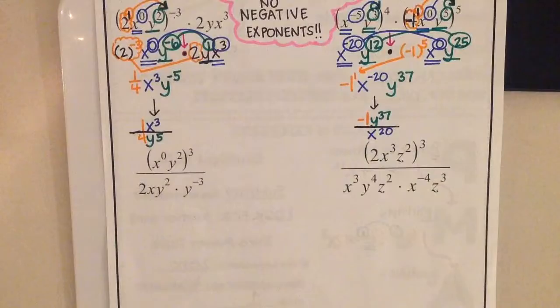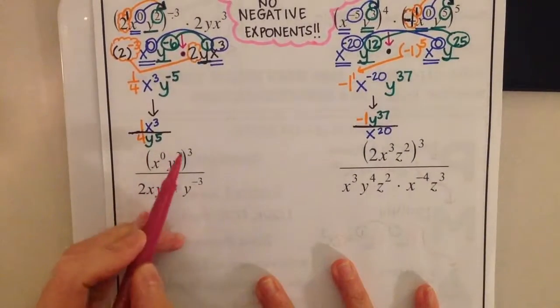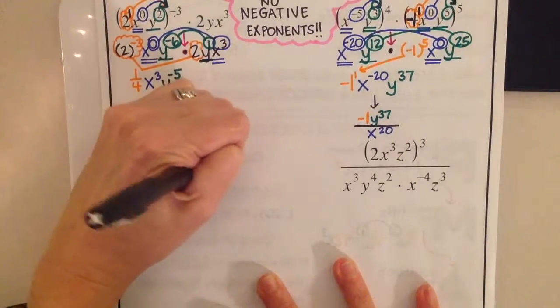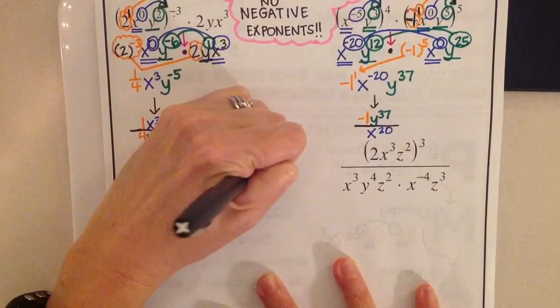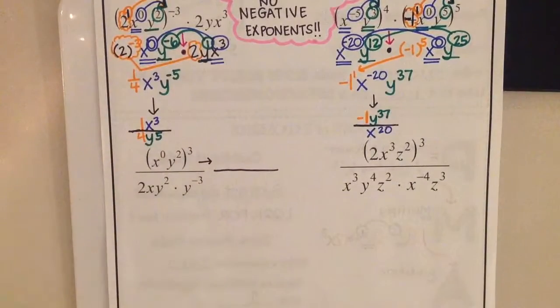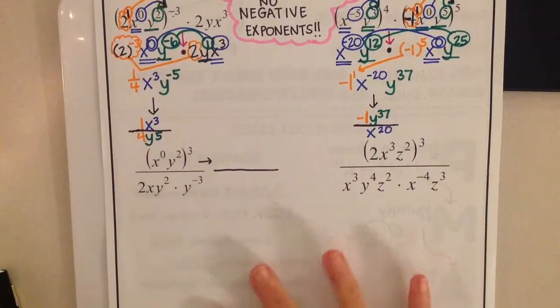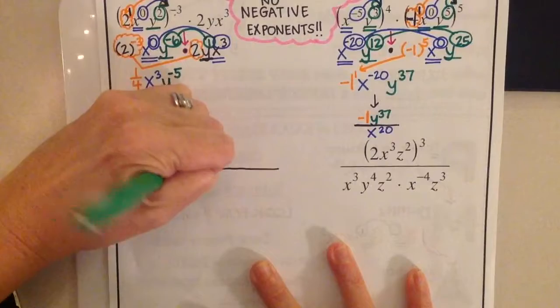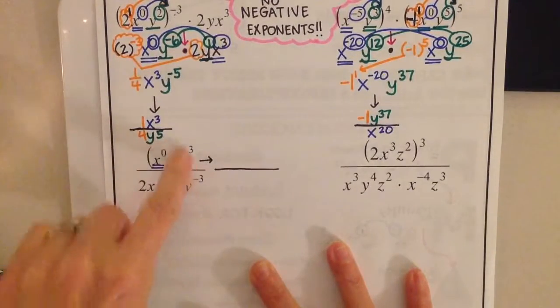Okay, so first, do we have power to a power rule? I see parentheses and an exponent outside. We sure do. So we are going to rewrite some stuff over here. So I'm going to copy my fraction bar down. Power to power rule, which means we are going to multiply. Again, I'm going to identify all my bases first and make sure all my bases have an exponent.